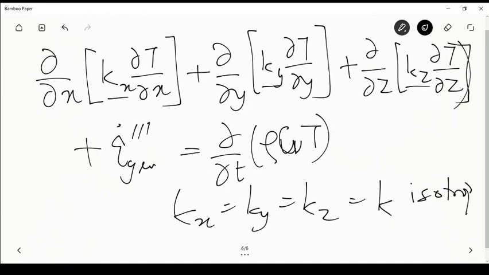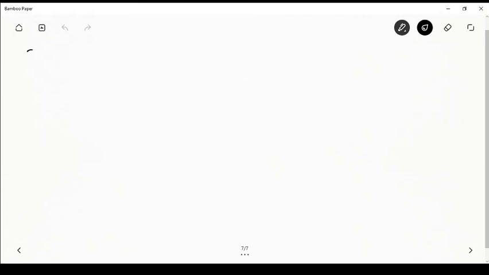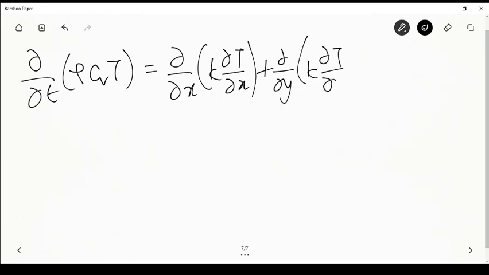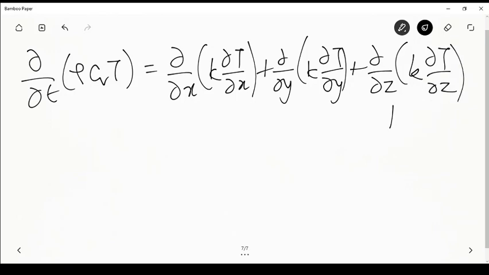So in this course, we'll deal only with isotropic materials. So we'll talk about kx equal to ky equal to kz equal to k, and therefore this whole equation would get simplified to something like this: del by del t of rho Cv T is equal to del by del x of k del T by del x, plus del by del y of k del T by del y, plus del by del z of k del T by del z, plus q dot triple prime generation.